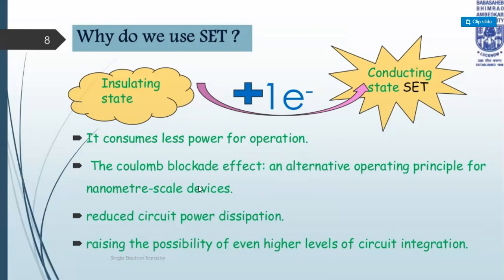The Coulomb blockade effect is an alternative operating principle for nanoscale devices that reduces circuit power dissipation, raising the possibility of even higher levels of circuit integration. So the SET is used to go from the insulating state to the conducting state, in which different types of Coulomb blockade effects are possible.